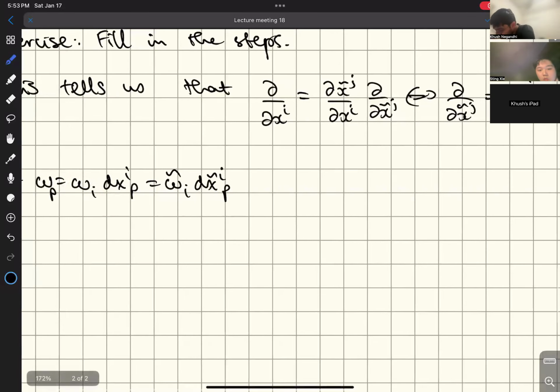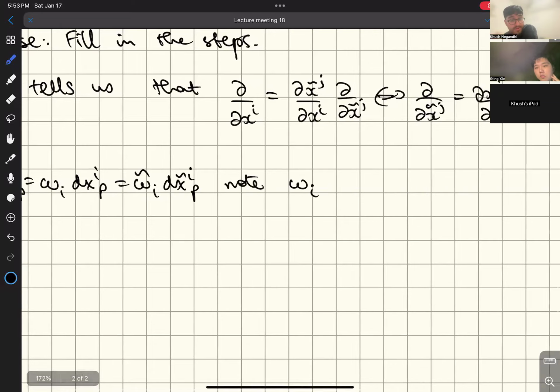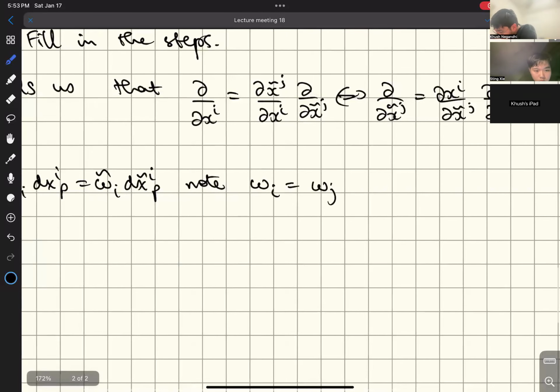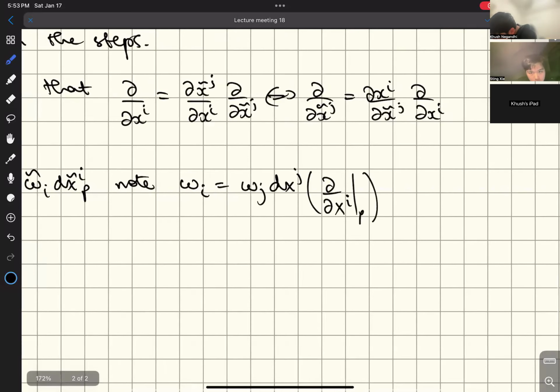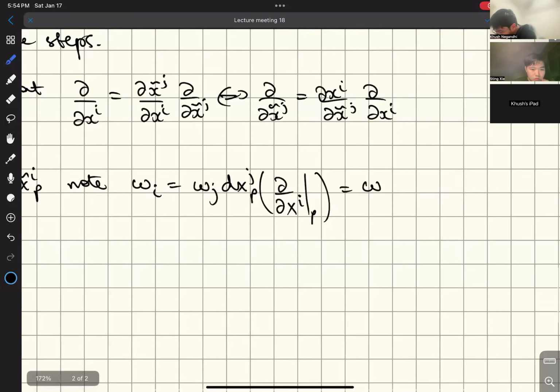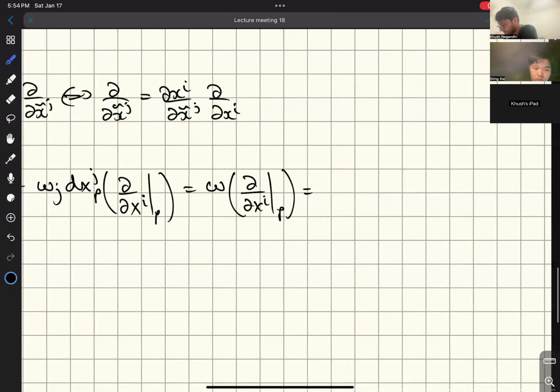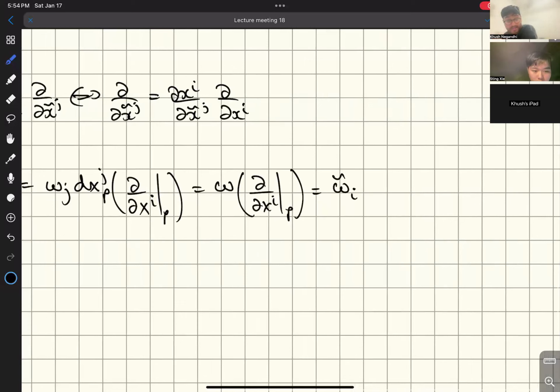So note that omega i is nothing but omega j of dxj evaluated at this, and this is nothing but omega evaluated at this tangent vector. But this is nothing but omega tilde i evaluated at dx tilde i. Sorry, this should be j here.